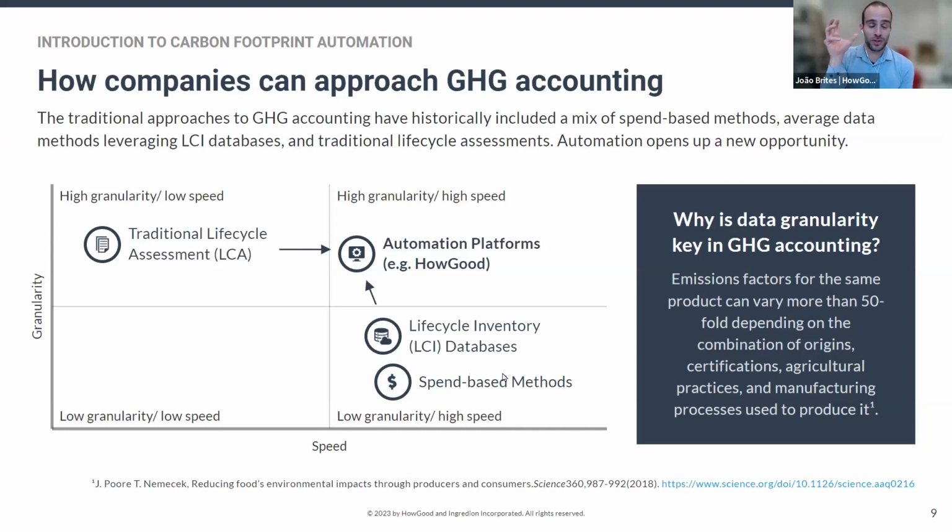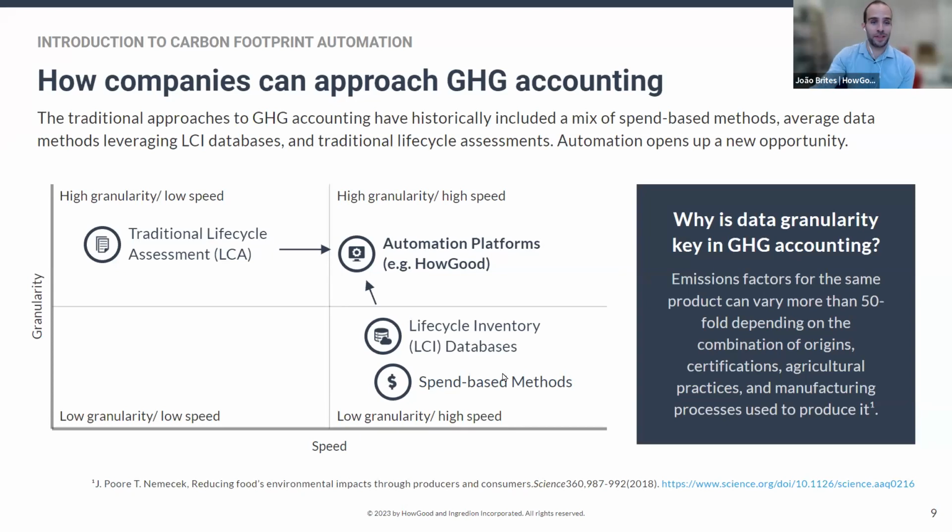Data granularity is really important in GHG accounting, because for the same product, for example corn or beef, emissions factors can vary 50-fold depending on the origin, the certification, the practice, and the manufacturing process. Granularity allows you to use an emissions factor that is reflective of your real supply system and not of something else.